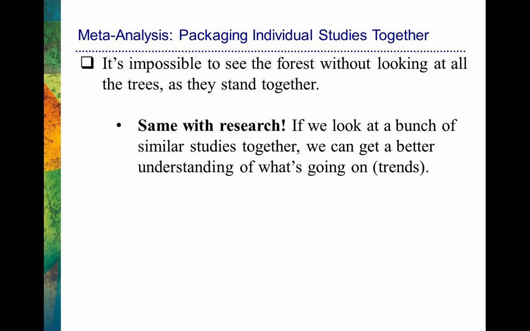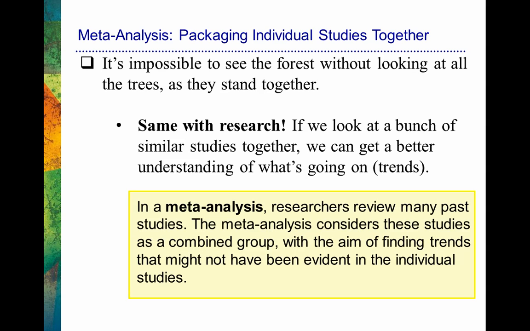By looking at a bunch of studies together, we can get an overall look of the trends. We can get an overall look at the effect that's actually going on. So in a meta-analysis, researchers review many past studies. The meta-analysis considers these studies as they are combined together with the aim of finding trends that might not have been evident in the individual studies. That's another important point.